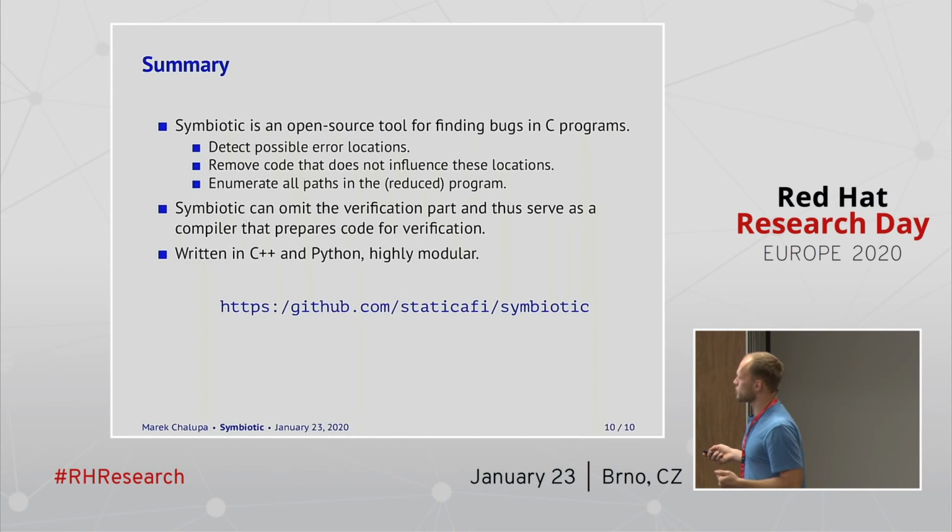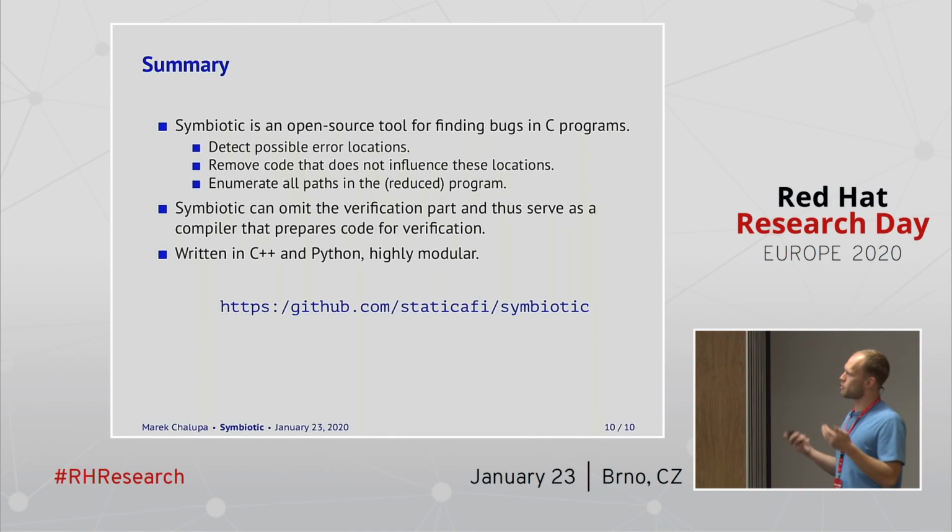So to sum up, you can use Symbiotic to find errors in your program, and the main steps are: you detect possible errors in the code, then you remove the rest that is unimportant for you, and then you try to verify the code, by default by symbolic execution, but you can use any other tool that consumes LLVM or C. Or you can use Symbiotic as a compiler that prepares the code for verification.